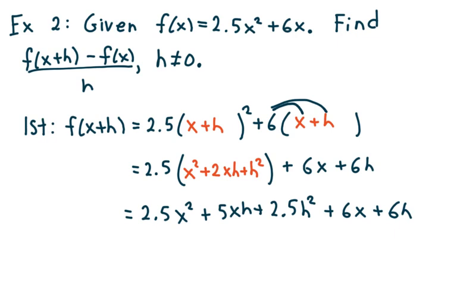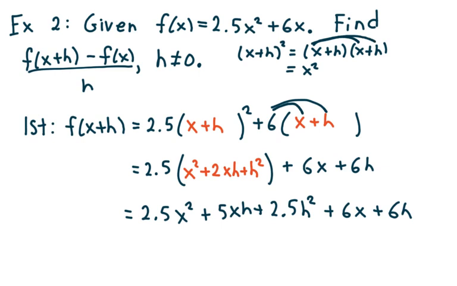Now we can come up here if we want. Off to the side, I'm going to take x plus h and square it. But that can be written as x plus h times x plus h. And then I'm just applying the distributive property. X times x is x squared.